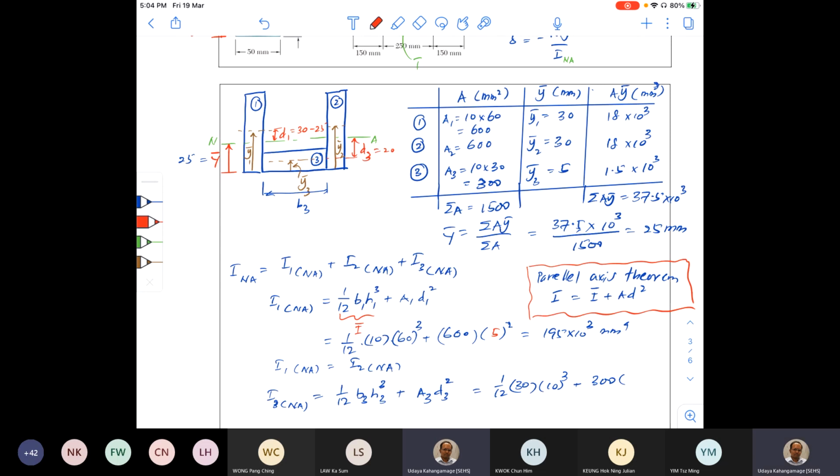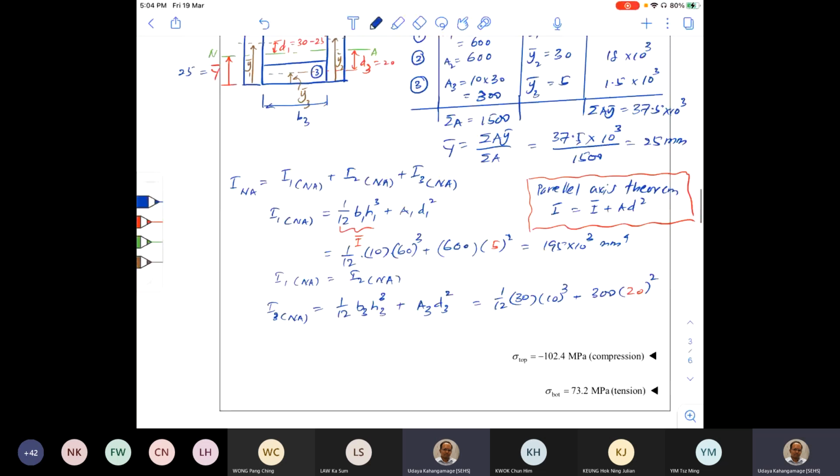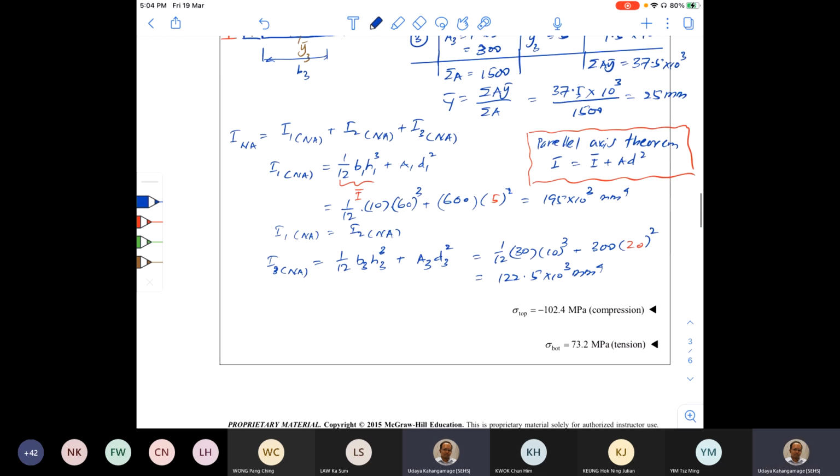Okay, so you substitute that number here, 20 millimeters squared. So you simplify this one, I got the answer as 122.5 into 10 to the power 3 millimeters to the power 4.